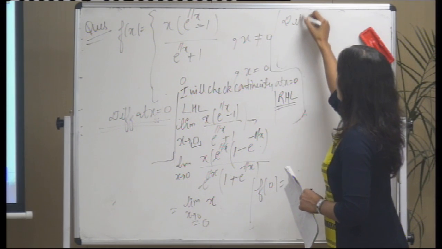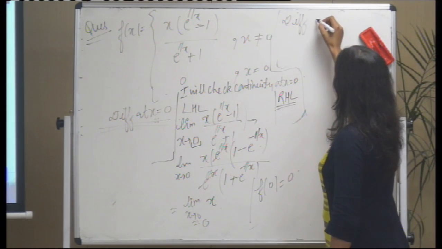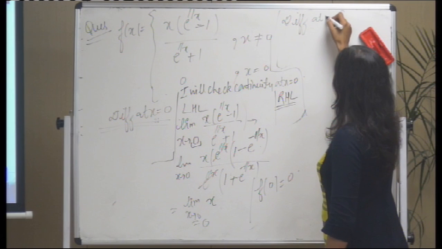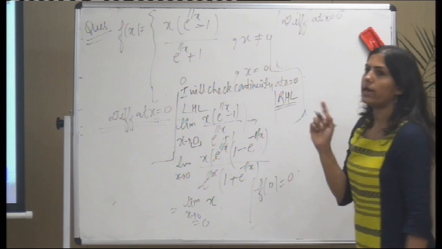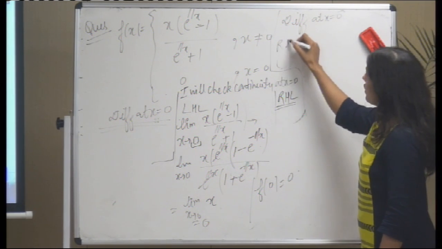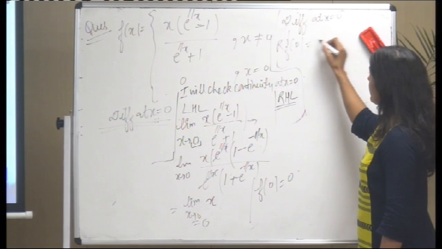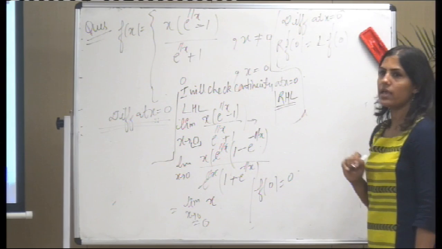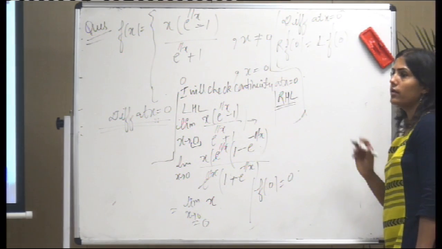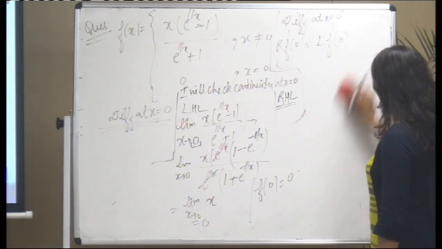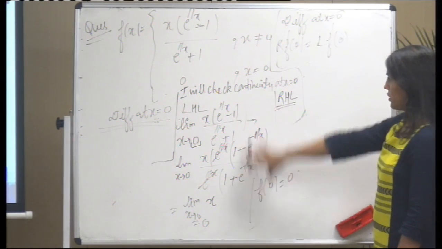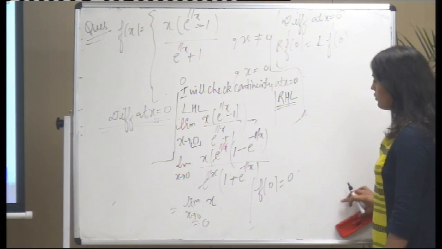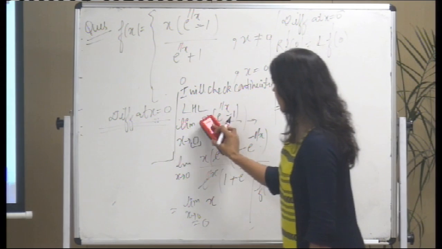So differentiability, now we will check. Differentiability at x equal to 0. Right hand derivative, then left hand derivative at 0. Both will be same, both should exist. If you have noted down, I will remove this.